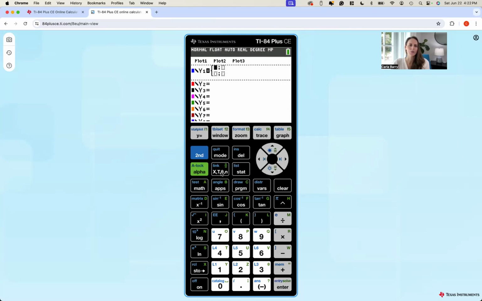So we're going to say y equals x plus 2 for x, and I want a greater than symbol there. So I'm going to press second math for x is greater than 0.